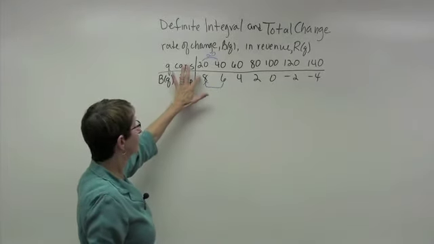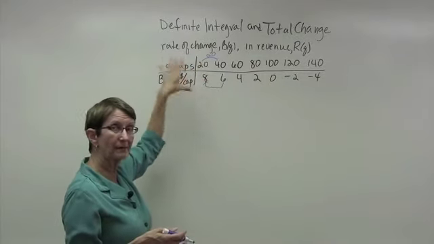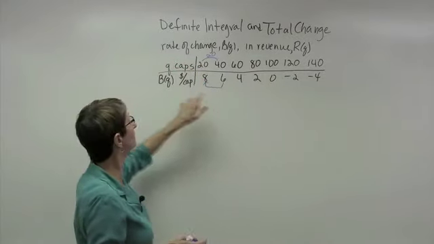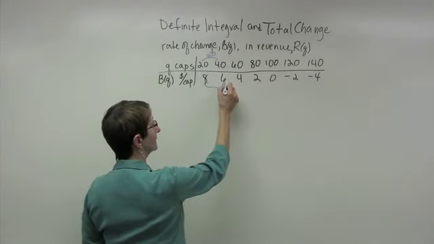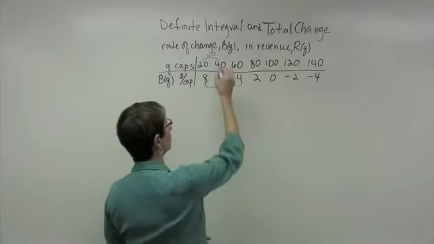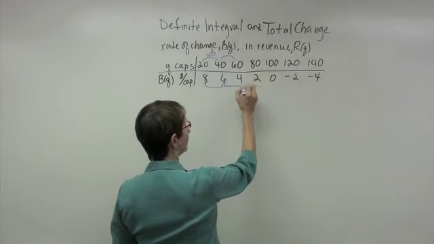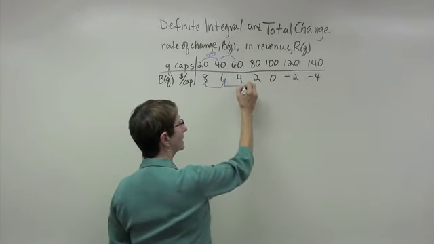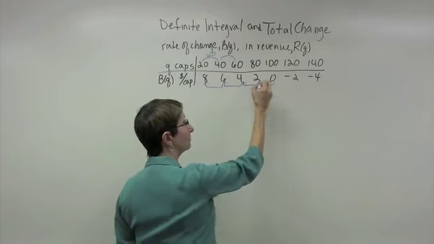So when revenue changed $8 per cap times 20, that'd be $160 was the change in revenue over this interval. And we'll do that for each interval. Each time I'm going to choose the left end point to work with, the next 20 units, and so on.